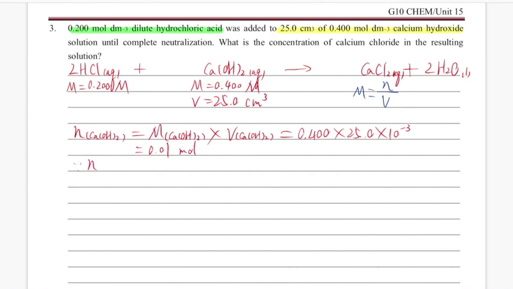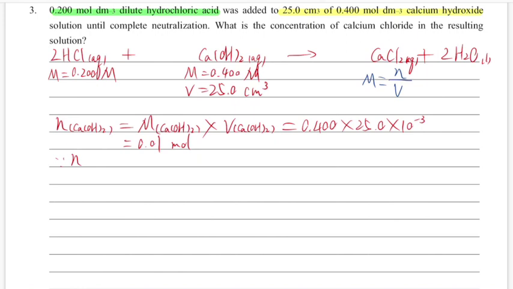And then we know the mole ratio of calcium hydroxide to calcium chloride is 1:1. So the number of mole of calcium chloride should also equal 0.01 mole. So that's the first part of this question.